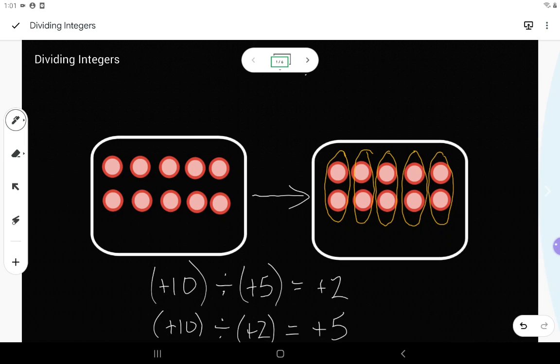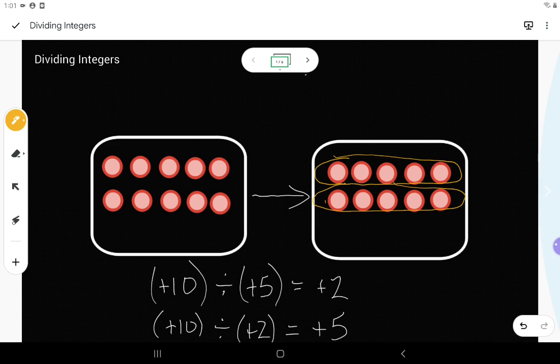Now this is also not the only way I could have modeled it. I could have modeled it by circling the other groups. Okay, so I could have gone like this and changed it. And now my division statements actually don't change, but they say different things. So this one now says I take my positive 10 and I'm splitting into 2 equal groups, and each group now has 5 positives inside of it.